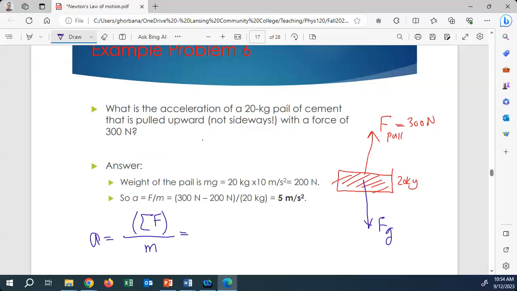We have positive F pull, plus, since sigma means add, what is the force of gravity, positive or negative? Negative, because when we don't use vectors, we need to use the positive or negative sign to show the direction. So here we put negative Fg divided by the mass of the cement, yes?